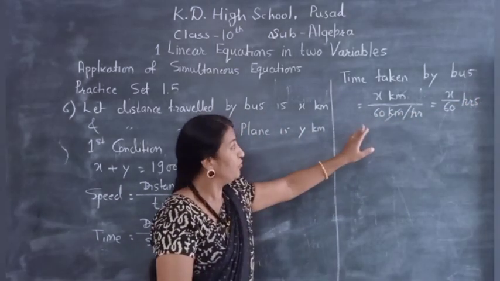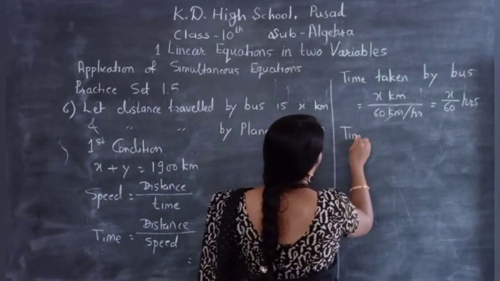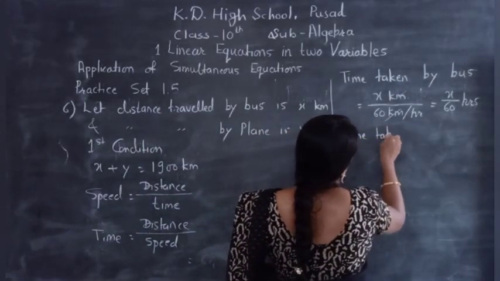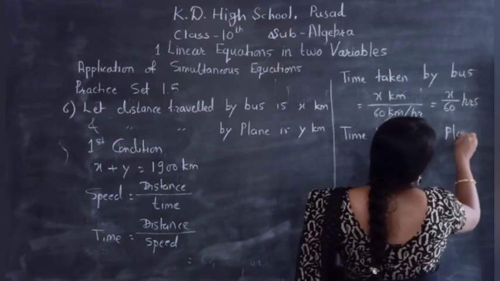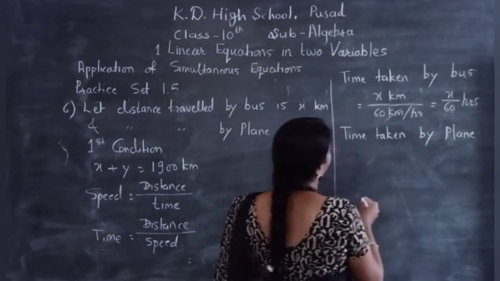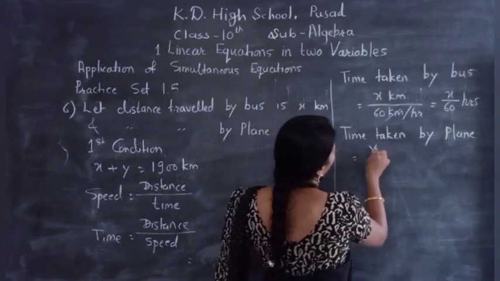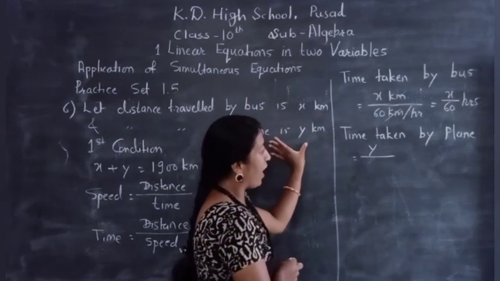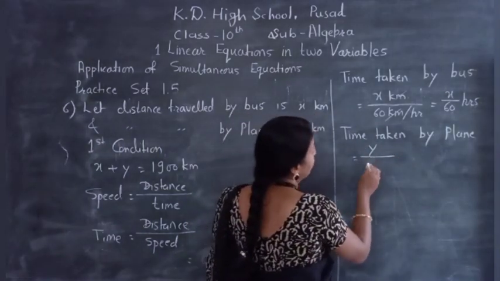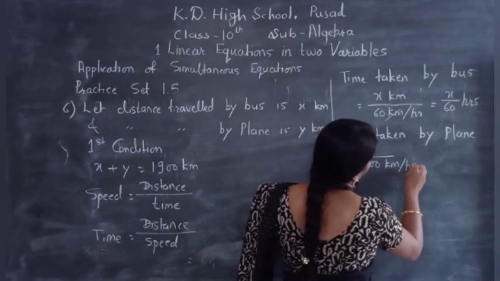Okay, our first part. Now secondly, time taken by Vishal by plane. It moves with the speed of 700 km per hour, so time is equal to the distance travelled by Vishal by plane, that is y, upon its speed, 700 km per hour.